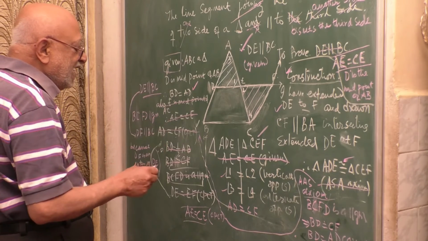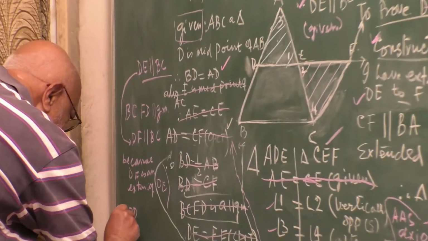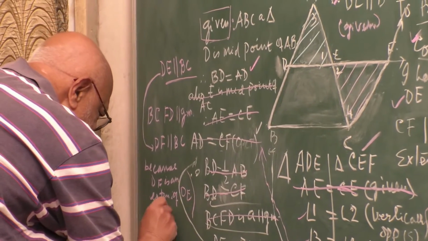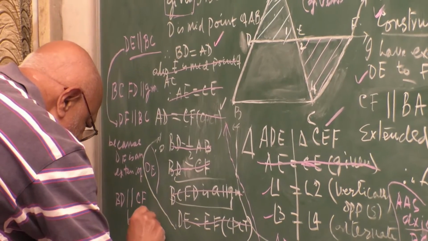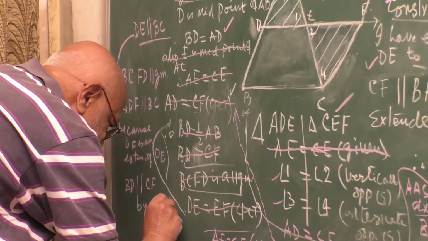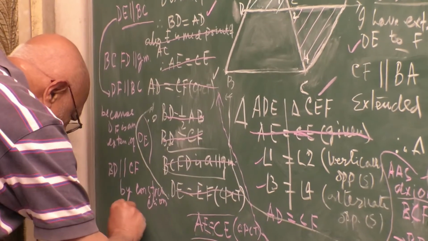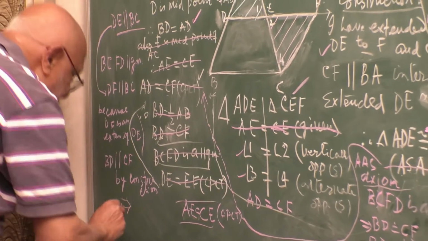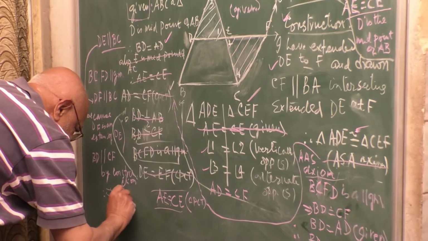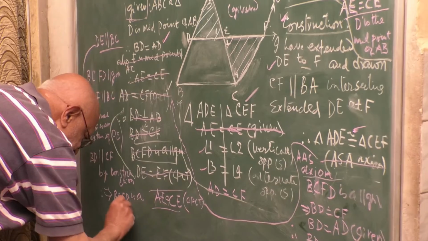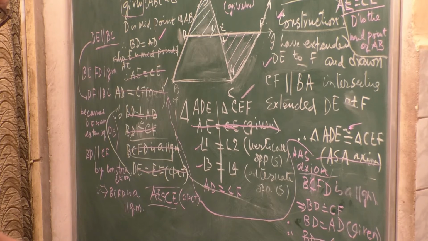In that case, and I have already drawn BD, BD is parallel to CF by construction. Therefore BCFD is a parallelogram.